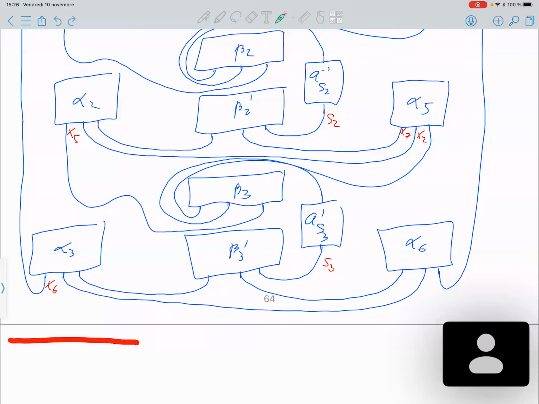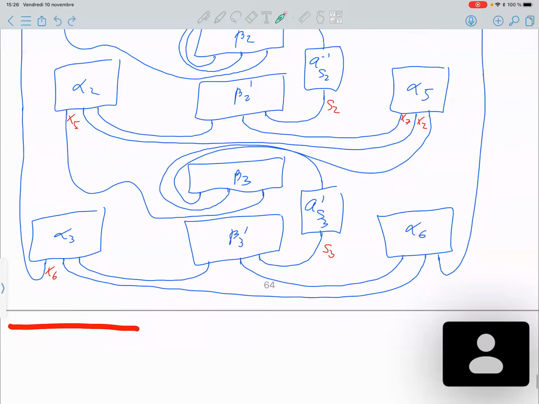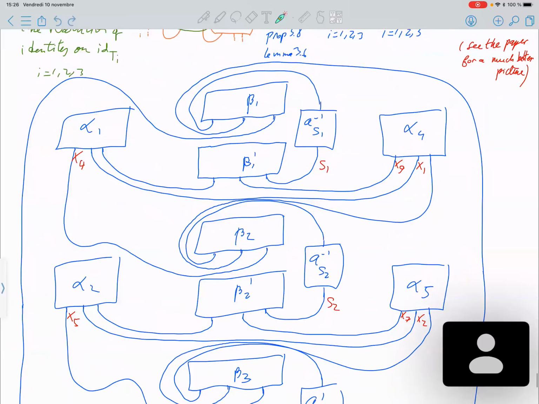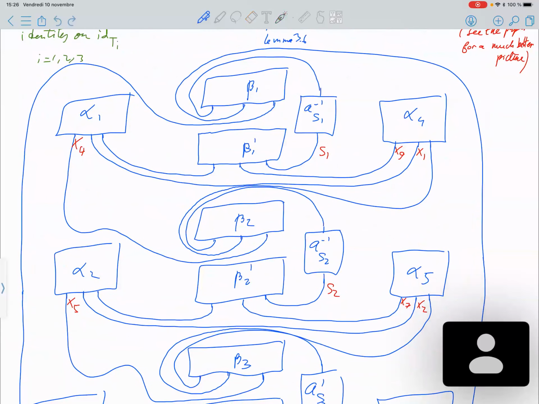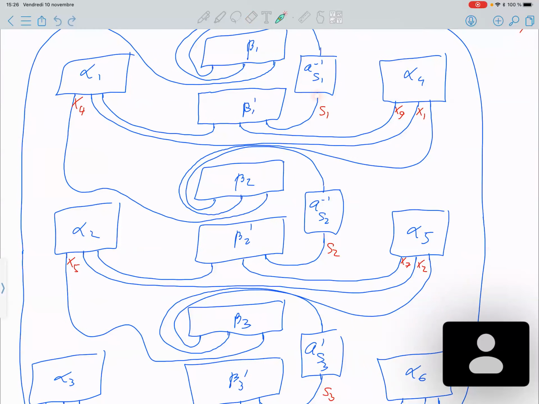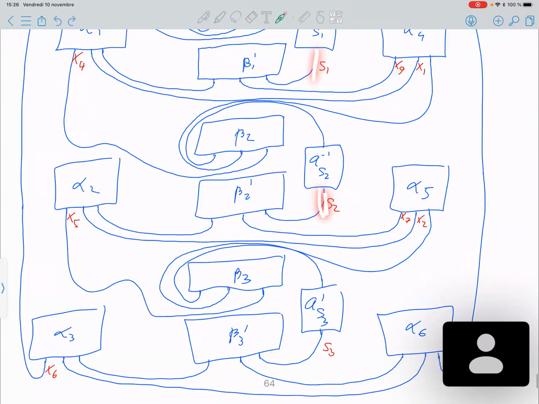Okay, so now what can we do with this picture? We need to cut it into 3 parts to recover the monoidal tetrahedron. In fact, you should observe, so here you have S1, S2, S3.